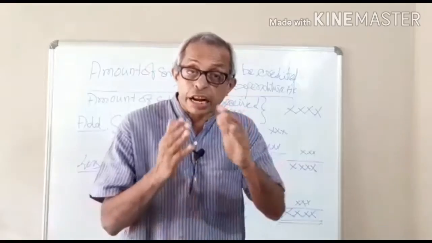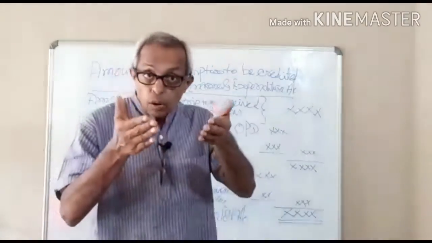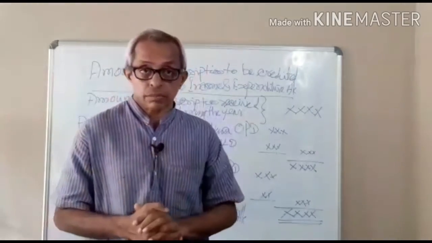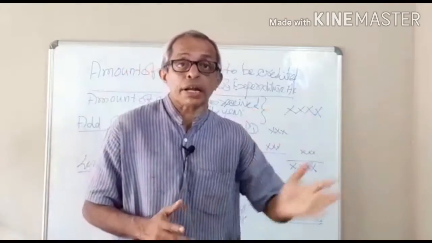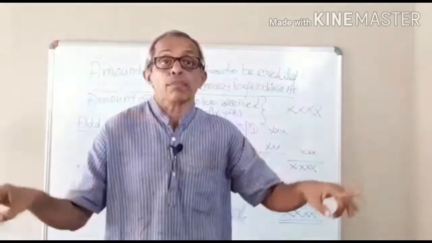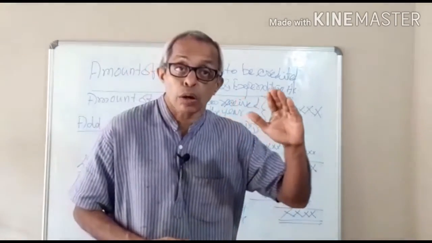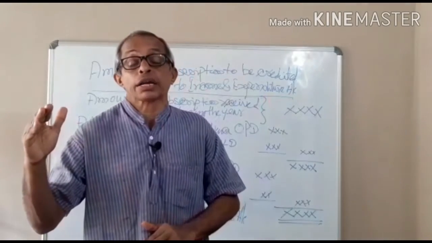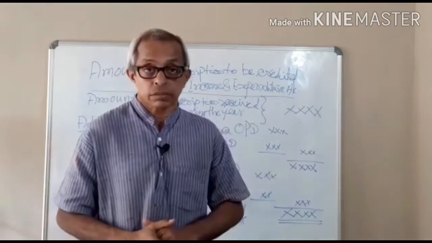That means there are amounts which belong to the previous year, of the current year, of the coming years. What we have to do is, we have to separate from the whole amount received the amount belonging to the previous year and the amount belonging to the future years.